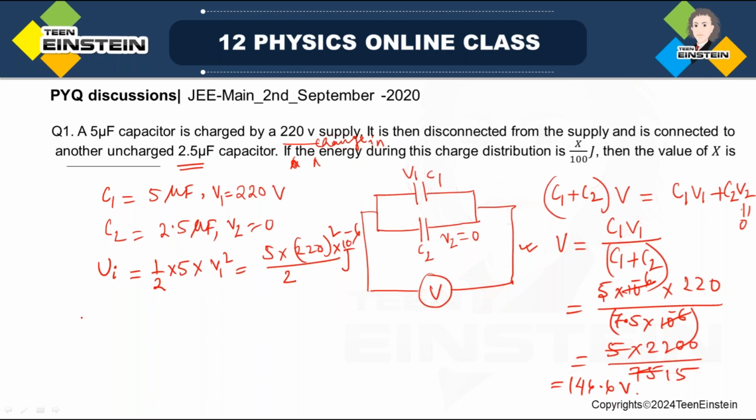Now we can find out the final energy, half C1 plus C2 into V square, where V is the common potential here, so 146.6 square.